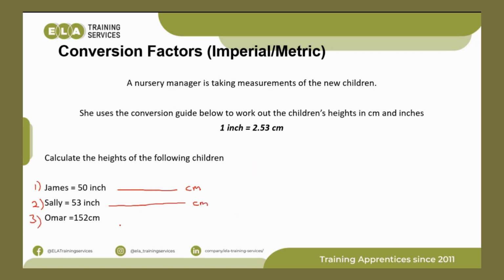And Omar's height in centimetres, and we want that in inches. So remember, left to right multiply, right to left divide, and you can use a calculator for these questions.